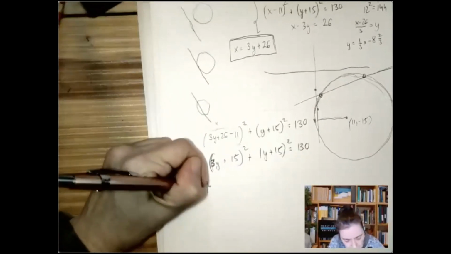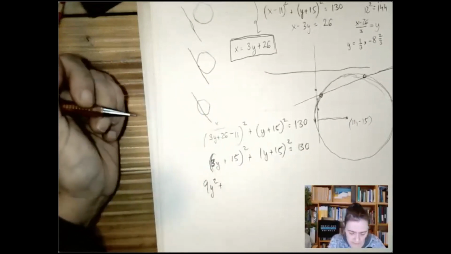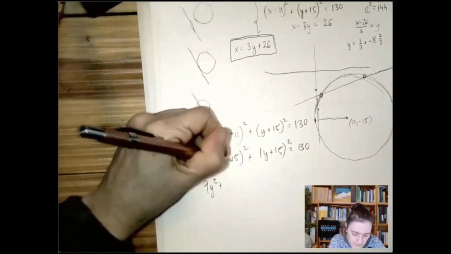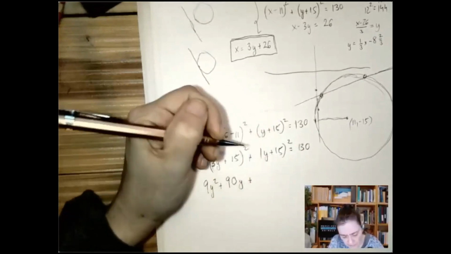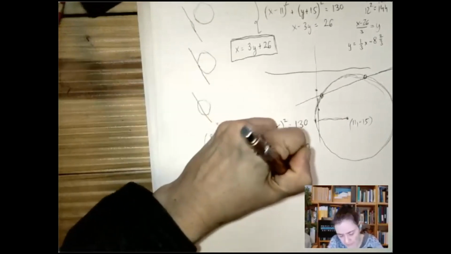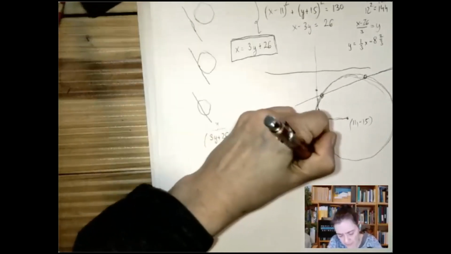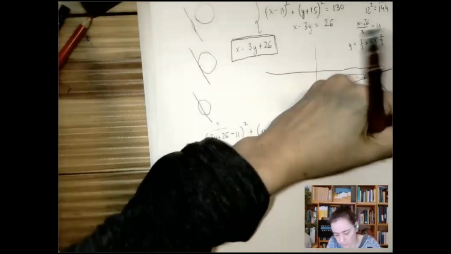Interesting, lots of 15 in this one. So we have 9y squared plus, 3 times 15 is 45, so that's 90y, plus 15 squared is 225, plus y squared plus 30y plus 225 again equals 130.